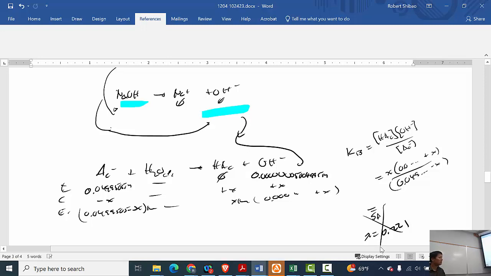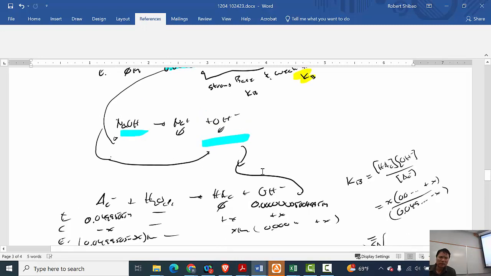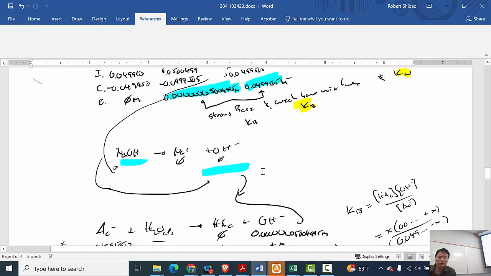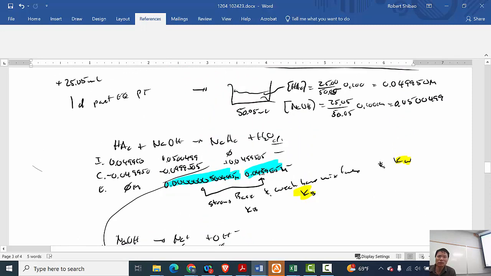So I could try the simplifying assumption just in the denominator. Let's see if that works. But I'm out of time, so I'll skip it. It's easier if I had a large excess of hydroxide. If I have a large excess of sodium hydroxide, then I don't have to worry about the weak base.